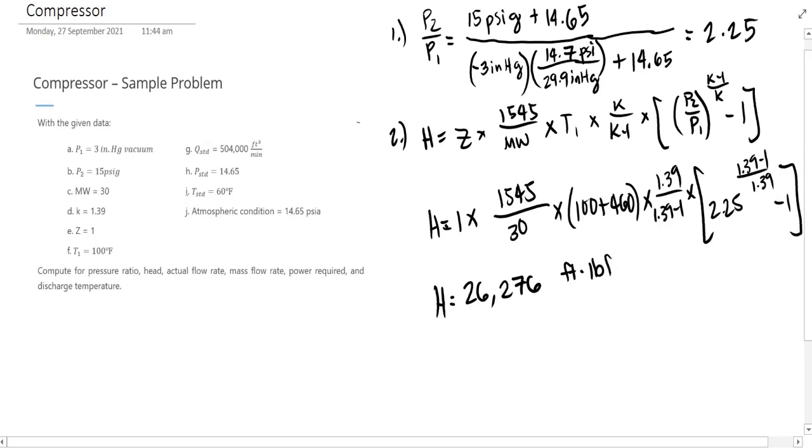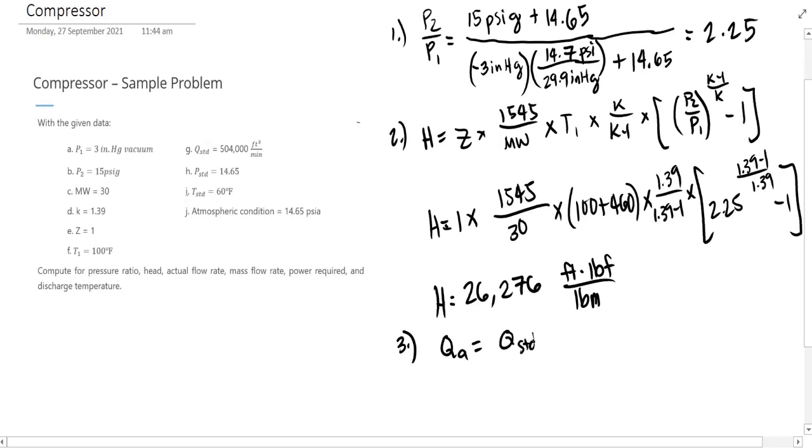Foot-pound force per pound mass. So, meron na tayong head. So, actual flow rate naman. So, number 3, QA is equal to Q standard.